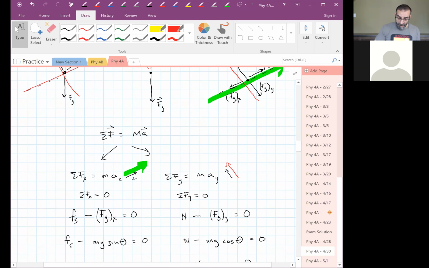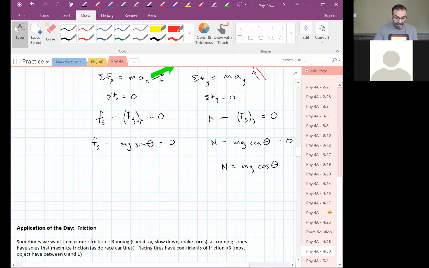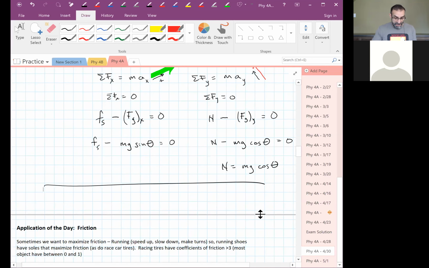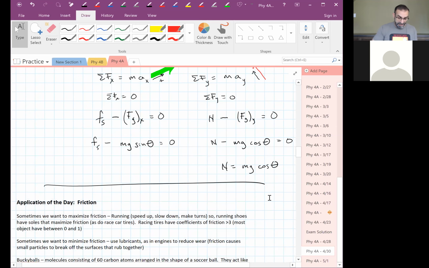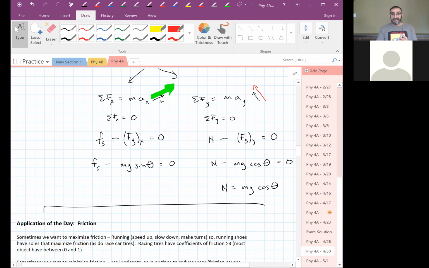So we're talking about friction. Let's go over some interesting applications. Maybe you've thought about some of these, maybe you haven't. But friction is one of those things that's a little odd. Sometimes you want to maximize it, right? If you're running, you need to be able to speed up, slow down, make turns.